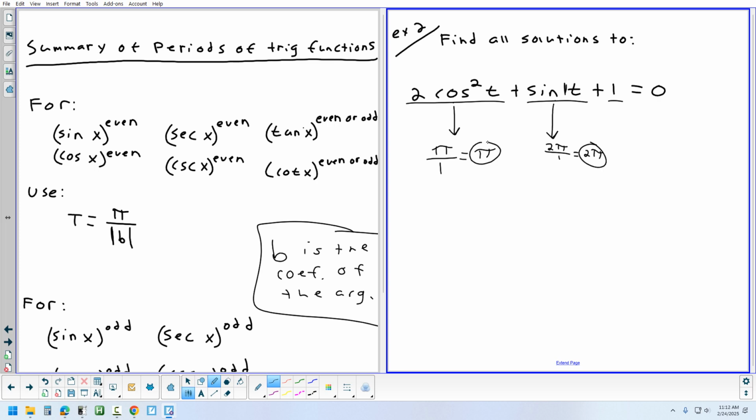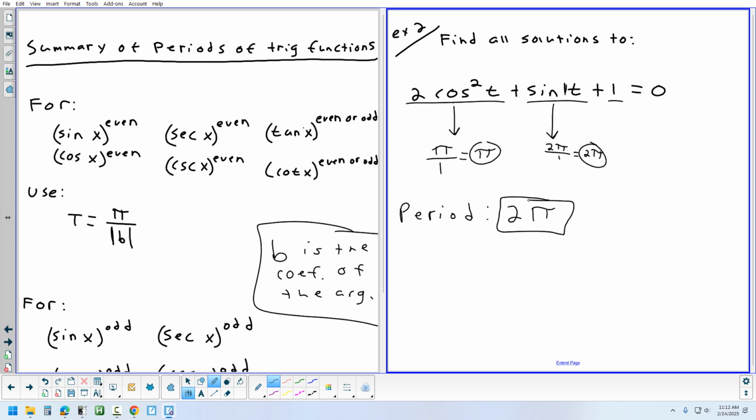So now we're getting ready to find all the solutions, but we need to set our window to 1 period. We should now know what 1 period is. What is the least common multiple between pi and 2 pi? 2 pi. Yep, 2 pi. It seems like that's going to come up a lot today.